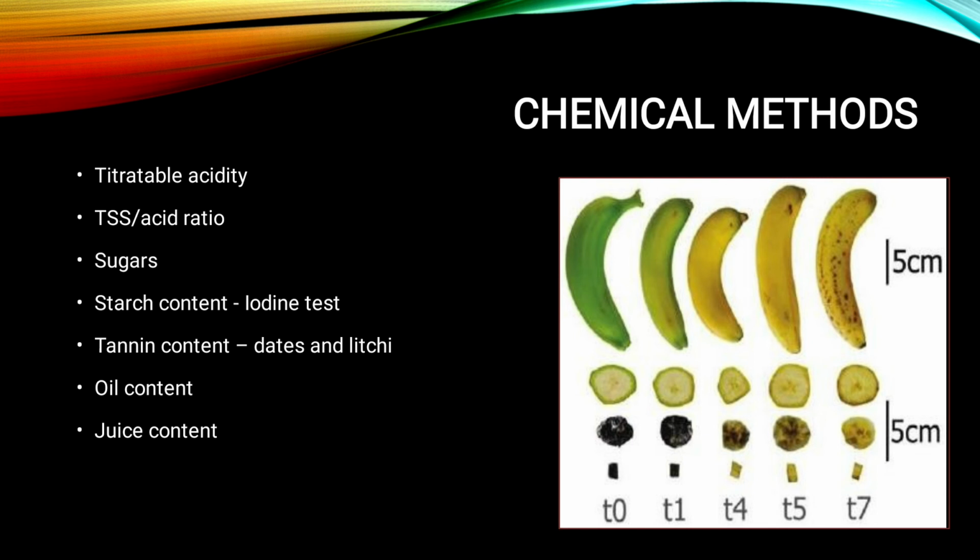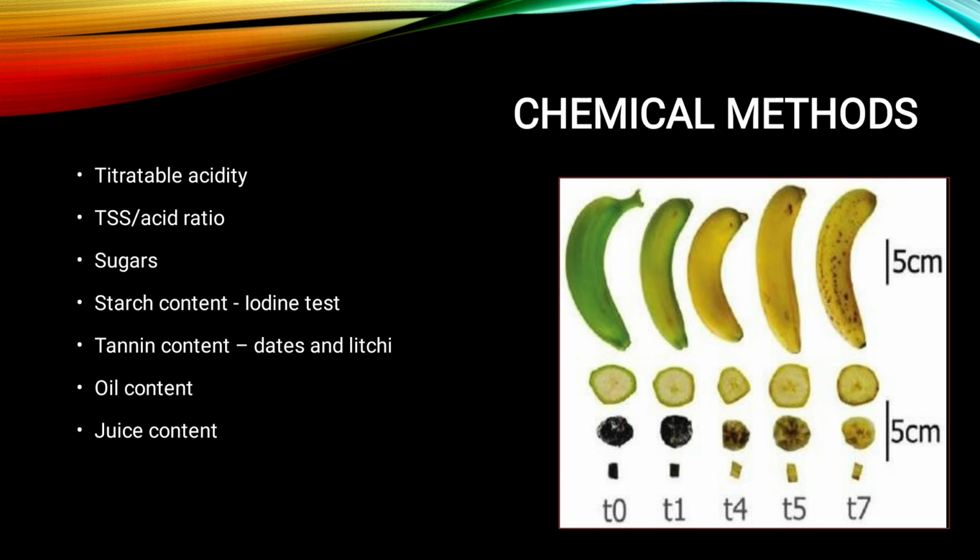In case of fully ripened banana, it is vice versa, as sugars do not react with the iodine. So you can see in the last slice a fully yellow banana is shown.